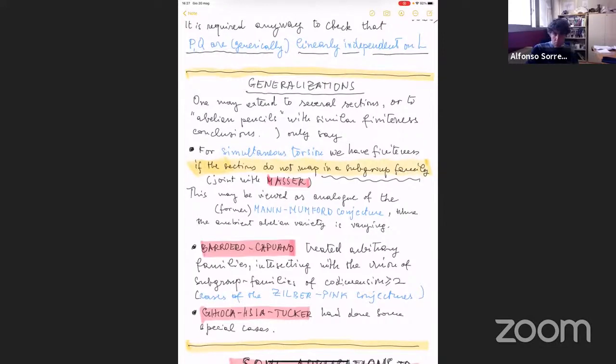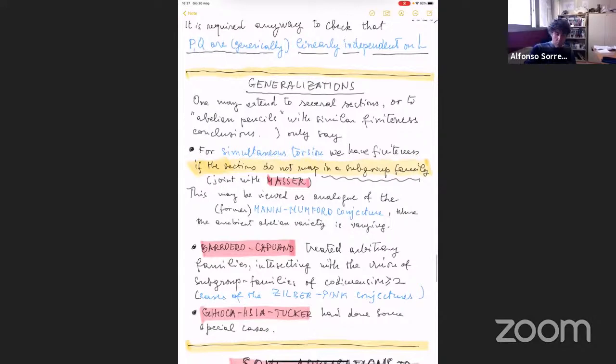is about torsion points in subvarieties of abelian varieties with certain conditions. And the difference here is that in the Manin-Mumford conjecture, the ambient abelian variety was fixed, whereas in these theorems, we have a family. So we have something varying. So the proof methods for the Manin-Mumford conjecture had to be changed because they didn't work for spaces which were varying.